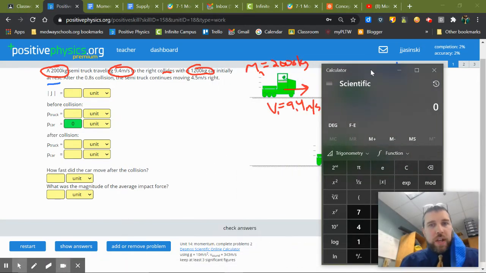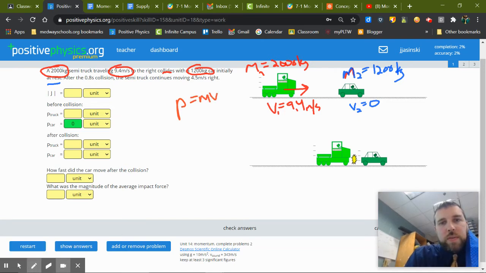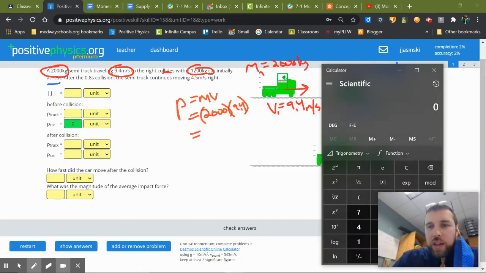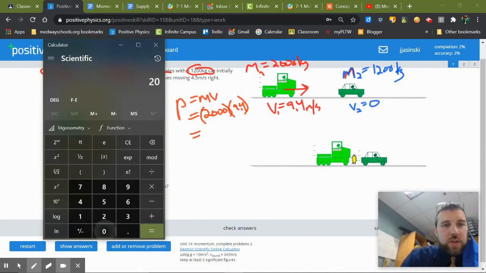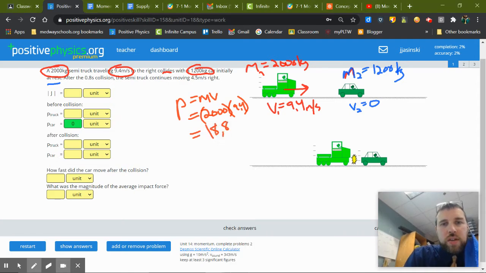Mass times velocity, so 2,000 kilograms times 9.4 meters per second gets me 18,800. So back to the mouse, 18,800. Huzzah. So after the collision.